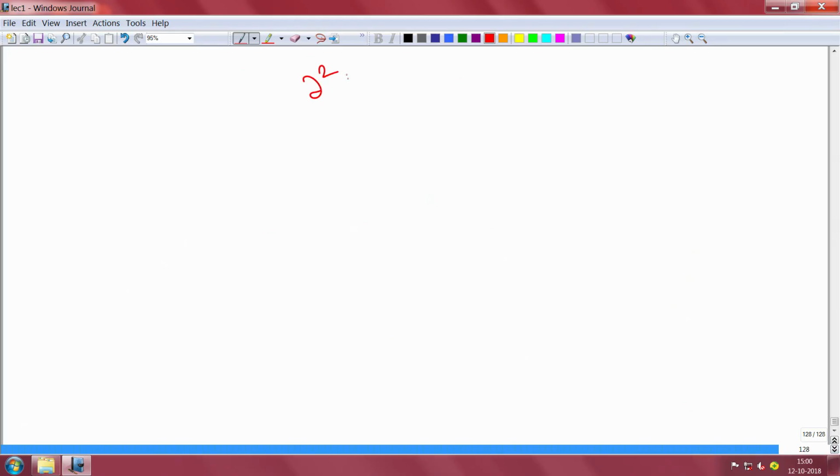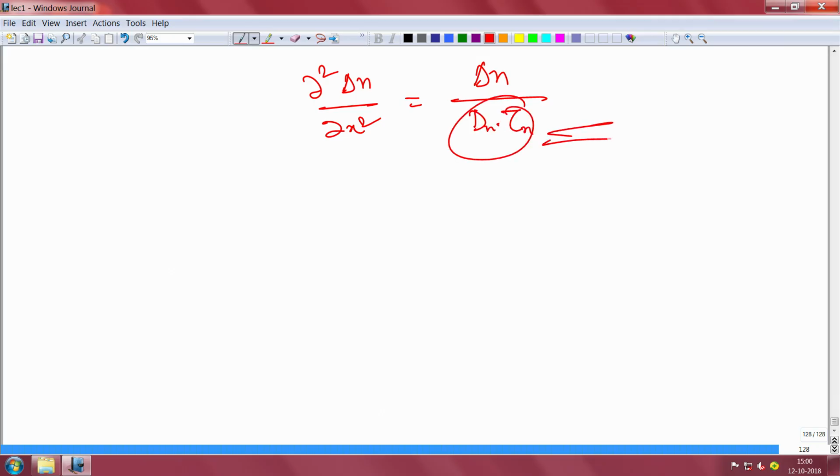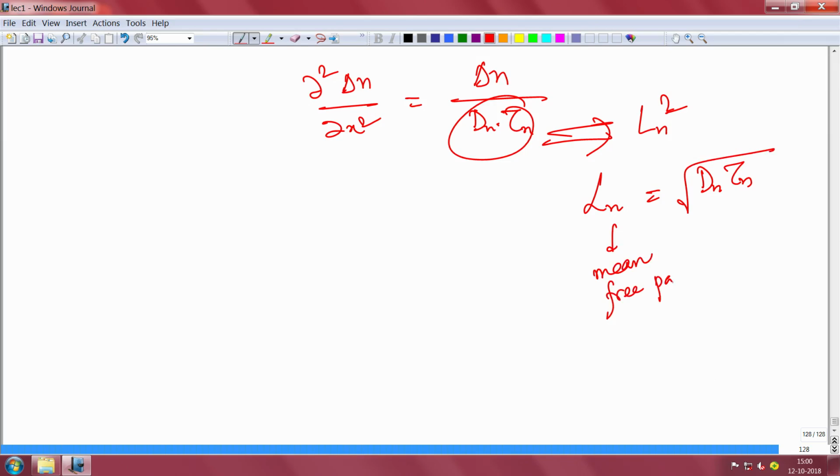You can write it as d square delta n by dx square equal to delta n by Dn into tau n, and this quantity can be written as Ln square. In other words, I can write Ln is equal to square root of Dn tau n. It's called the diffusion length, the mean free path of diffusion.